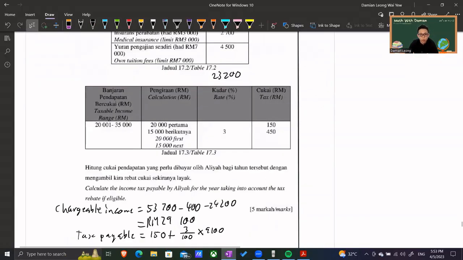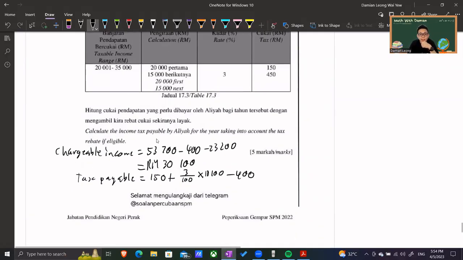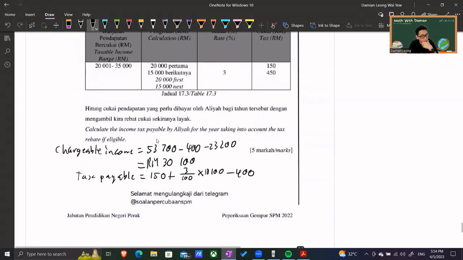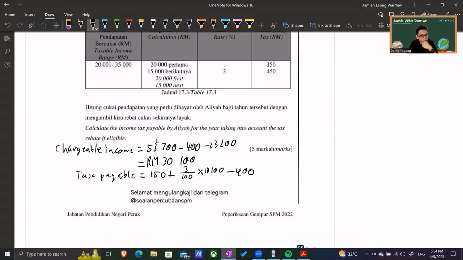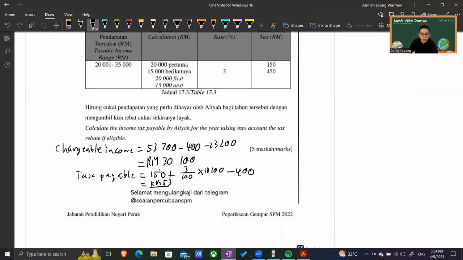It's 23,200. So it's 30,100. So means this is 10,100. Then I have to minus 400 ringgit rebate because income less than 32,000. Yeah. So 150 plus 3% of 10,100 minus 400. So it's only 53 ringgit payable.